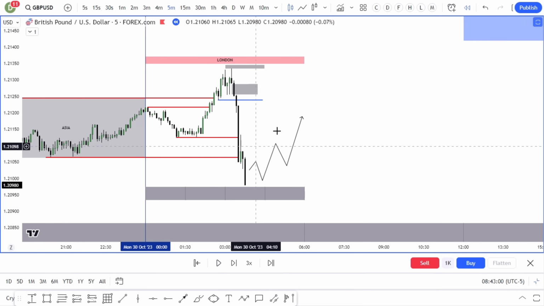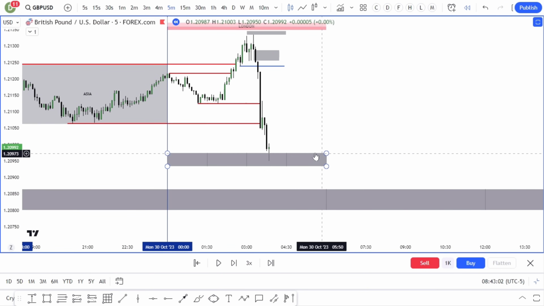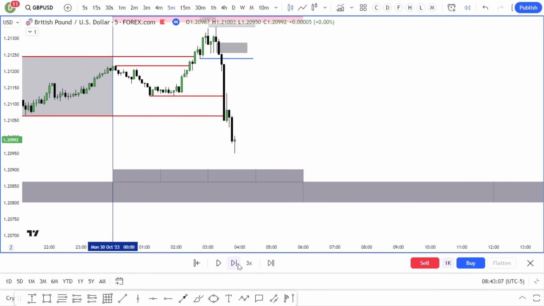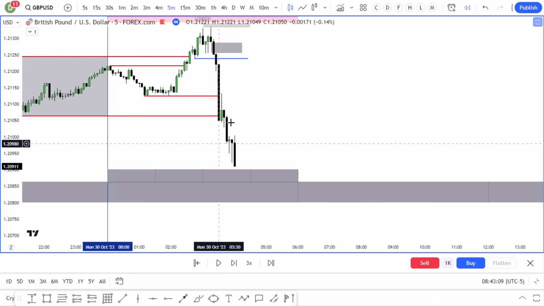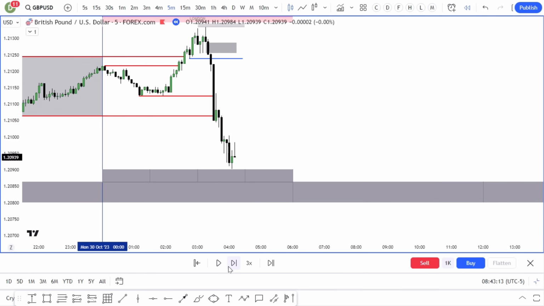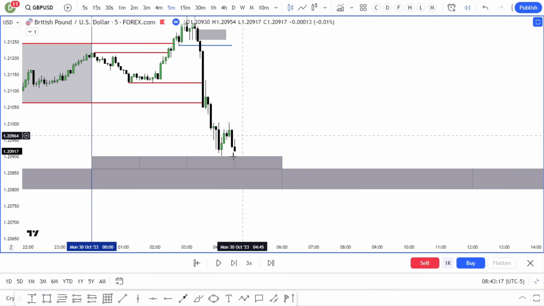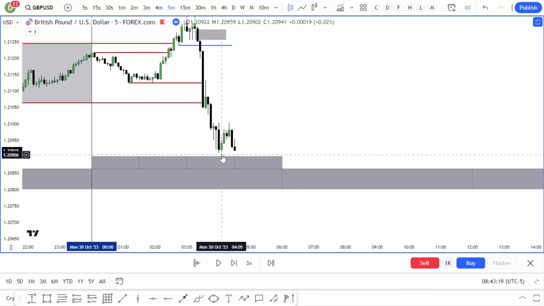So now let's just see that. Let me just move this lower. If price closes above here, I would regard that as a breaker. Let's see. If price draws lower here, closes below this low, I would regard this as our breaker.